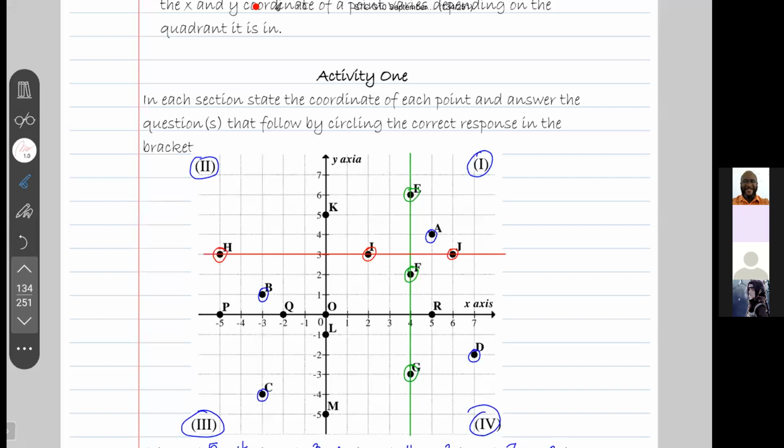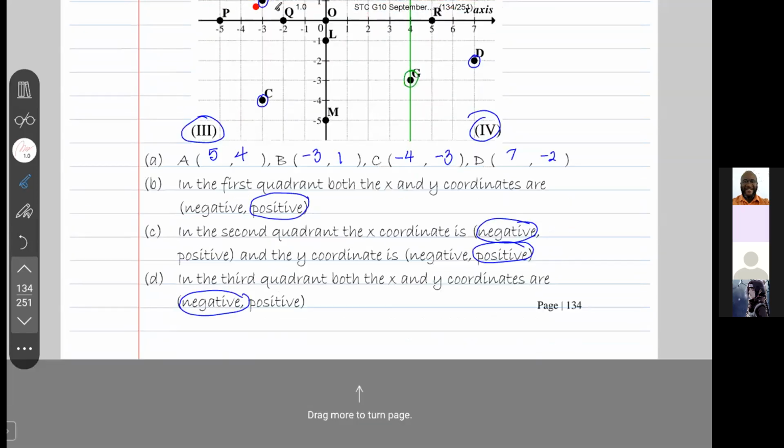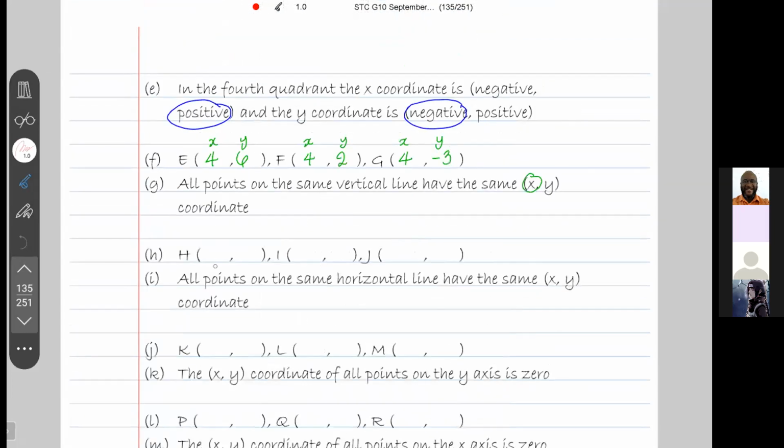All right, so before we move on, can you guys identify that H, I, and J are on the same horizontal line? Yes, Uncle Earl. All right, so let's get the points for H, I, and J. Joanna, H. -5 and 3.